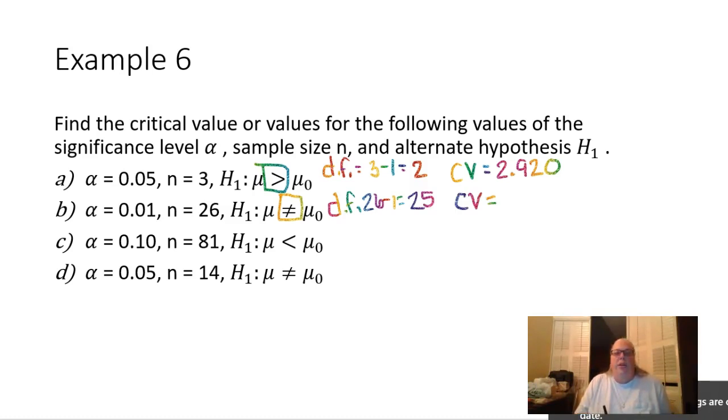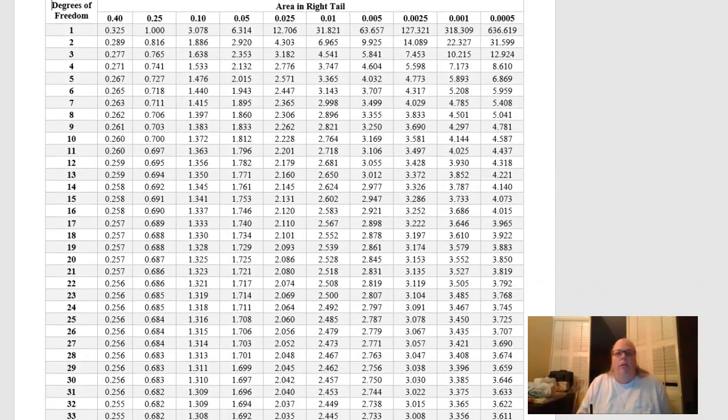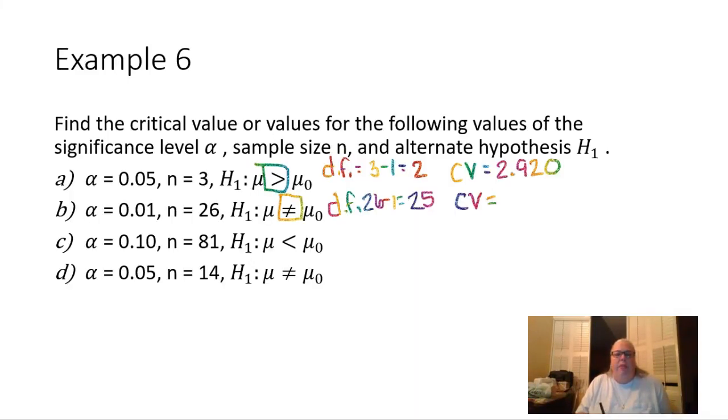We're going to go to line 25 under column 0.01. Column 0.01, line 25, this is 2.485.